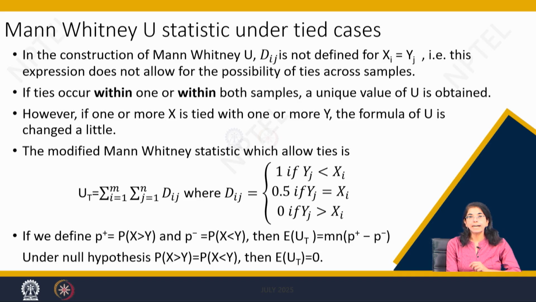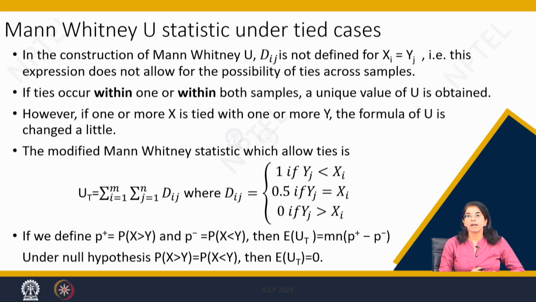Now, what would that be? U is the double summation of Dij as it was, but for equality cases, we assign the value of Dij as 0.5, okay? So from now on, in case your data comprises ties, for each equality you have to assign 0.5.